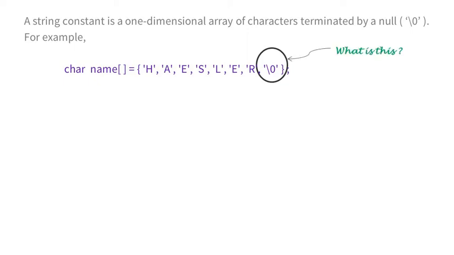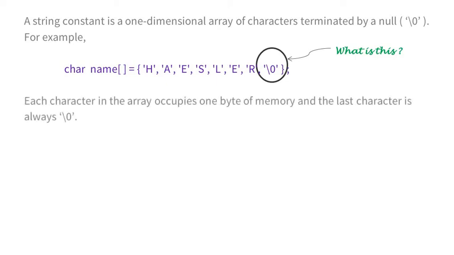Now what is this \0? Can you answer me? Just think about that. It is the null character, which identifies the end of that particular string, or the end of that array. Each character in an array occupies 1 byte of memory, and the last character is always \0, the null character.